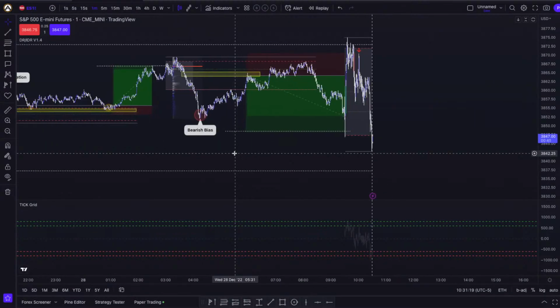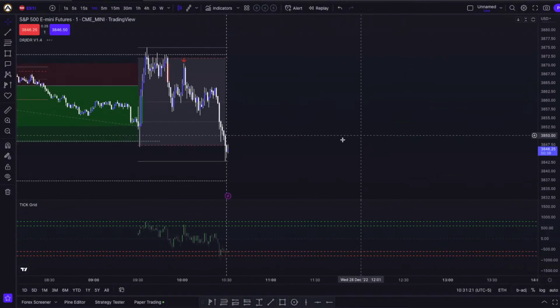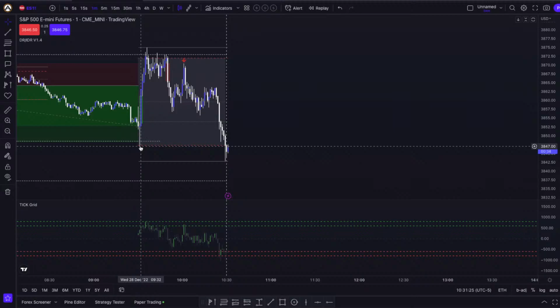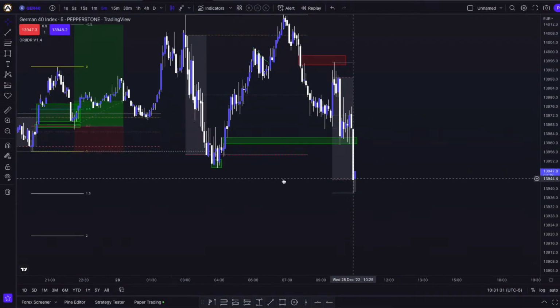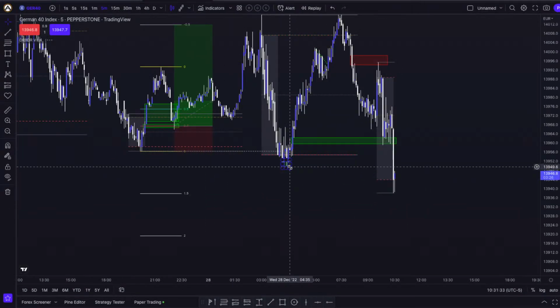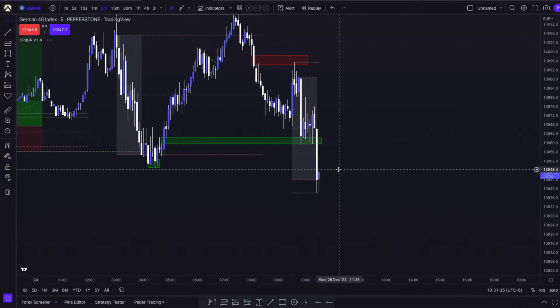The S&P 500 right now is below our 930 low, actually. So now we just wait and see what's going to happen. German 40 also already below our previous low of the day.